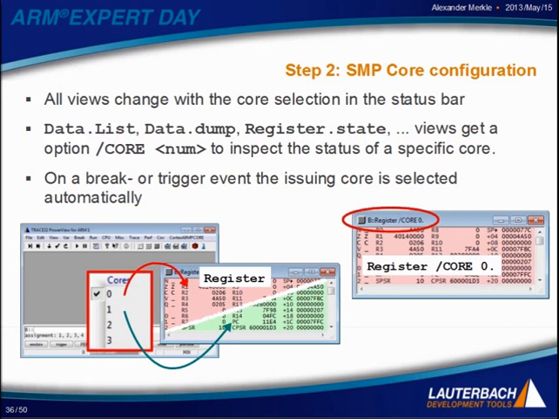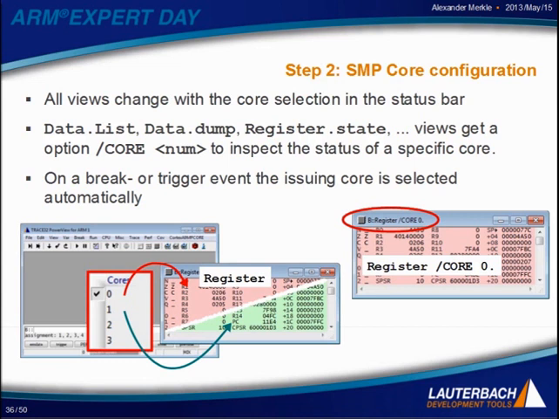The same happens for the list windows. For example, the program counter will definitely be different between the cores. So also the list windows will change. What you also might want to do is inspect concurrently the status of the first core, the second core, the third core.